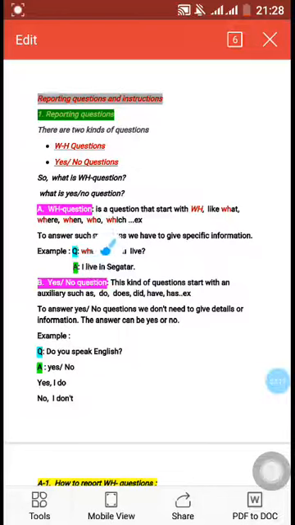Q is question and A is the answer. So we have the answer: I live in Sagata. So this is specific information. In order to answer this question, we give information.